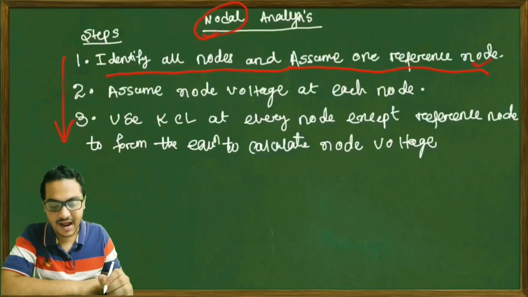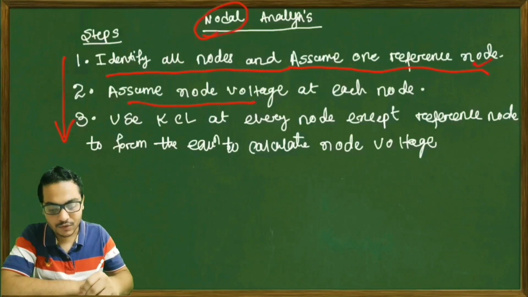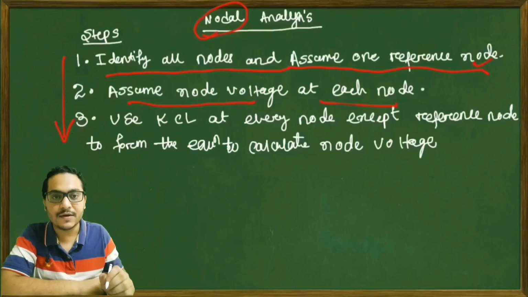Then after that, assume a node voltage at each and every node. Means you give a notation like V1, V2, V3 to each node, so that it will be very convenient while dealing with this type of analysis.